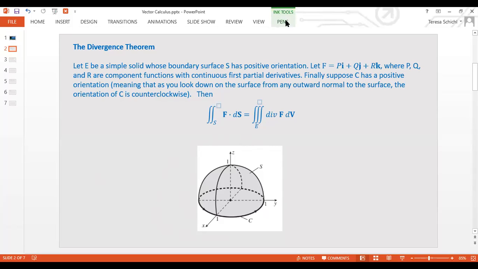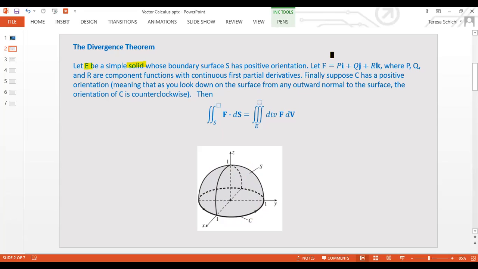Let's highlight the key words: E is a solid, and this solid is bounded by the surface S. So that means this is the whole solid here. E is this half of the circle, and the boundary is the surface S.